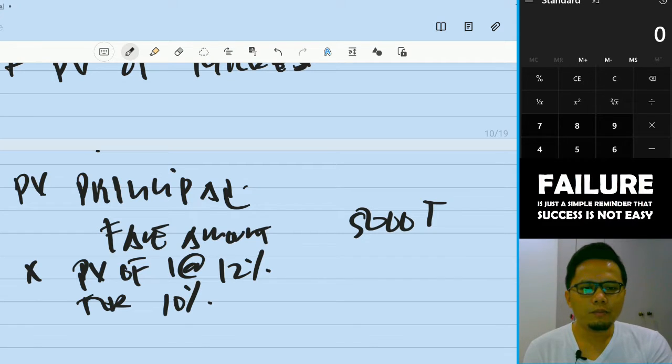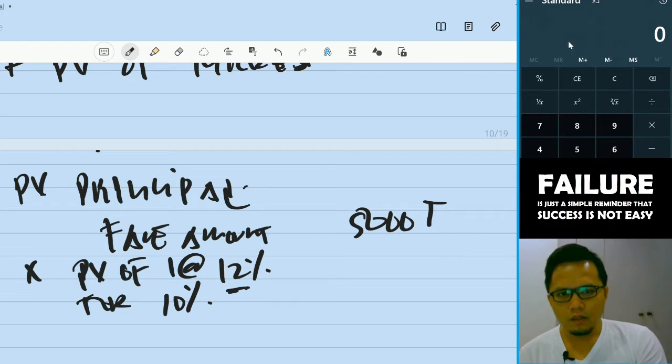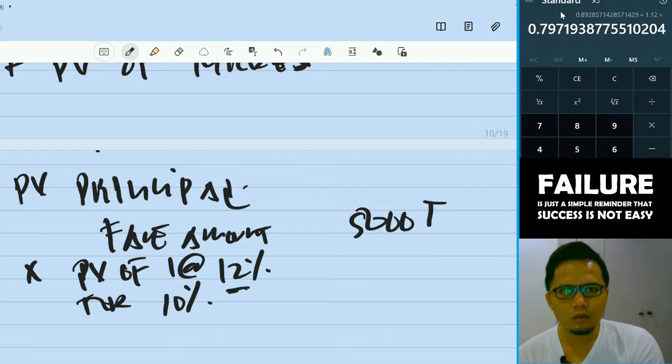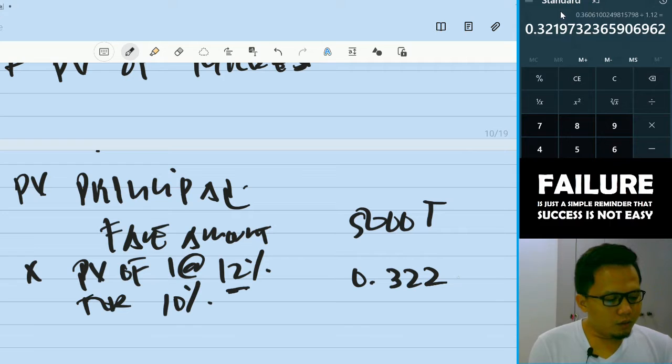Manually, that is 1 divided by 1.12 to the 10th power, which is 0.322, rounded to the nearest 3 decimal points.